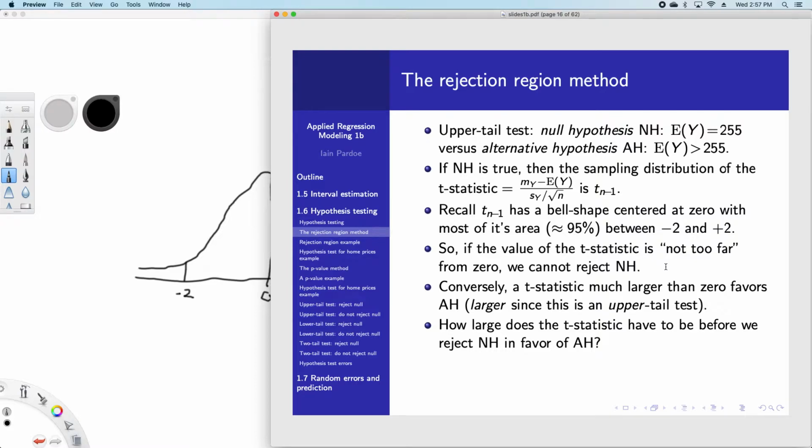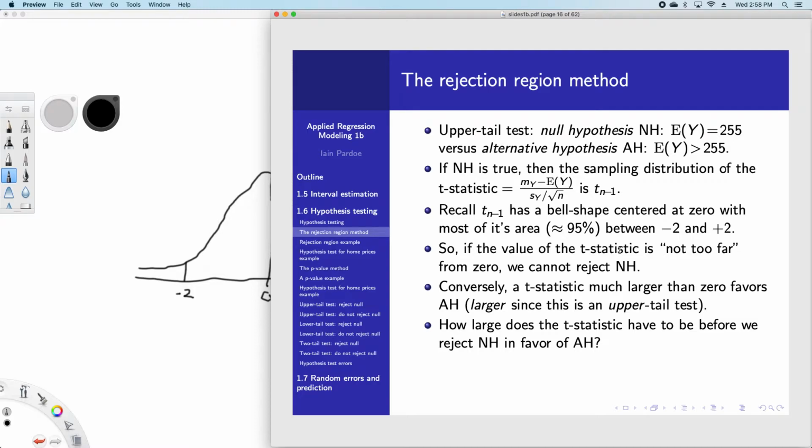Conversely, if it's much larger than 0, then we do reject the null hypothesis, and we reject it in favor of the alternative hypothesis. So that's the logic here. If we get a value of the test statistic that isn't too far from 0, we do not reject the null hypothesis, and we end up saying, you know what, a population mean of 255 seems plausible.